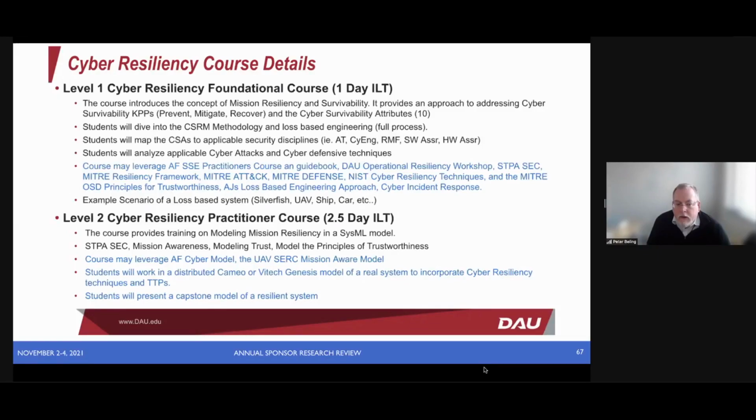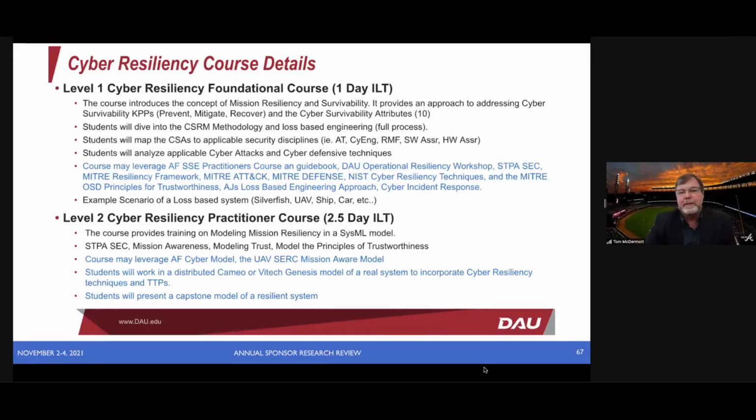All the things that you've seen, Forest, Mission Aware, are being folded in as aspects of a couple of courses, a foundational course and a practitioner course. And we hope to have further involvement in other levels and other degrees of specificity within cyber resilience.